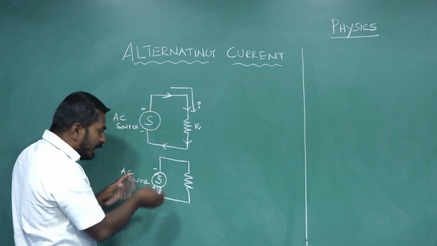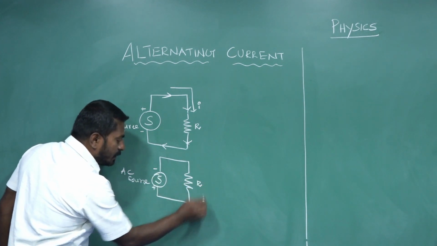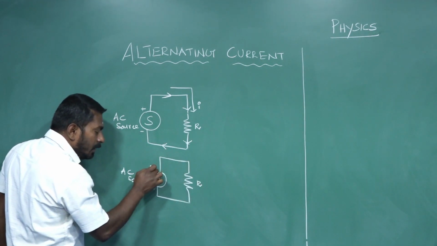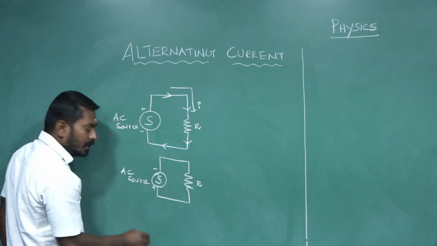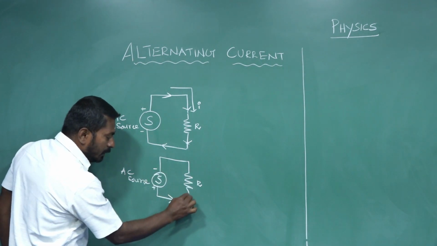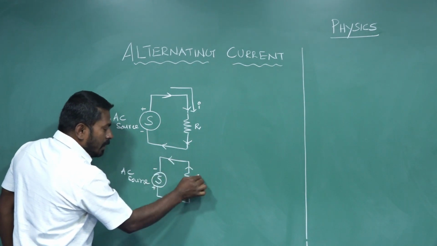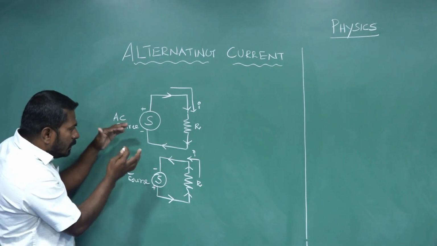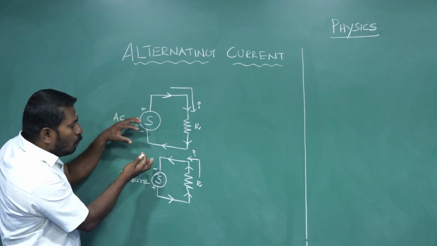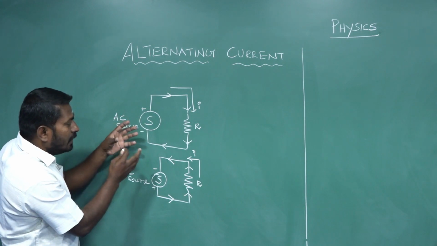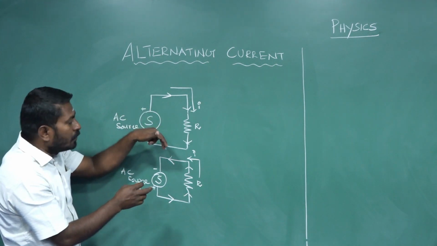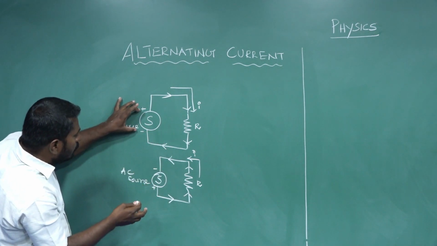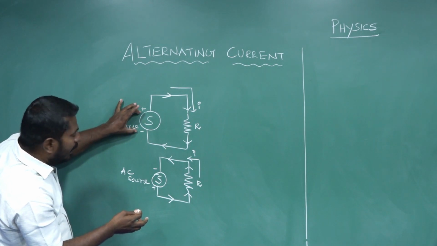The resulting current is reversed through the resistor of resistance R. Now current flows from the positive terminal to the negative terminal of the source through the resistor in the anti-clockwise direction. This is how the polarities of the alternating voltage source change, and the direction of the resulting current also changes. That's why it is called alternating EMF.